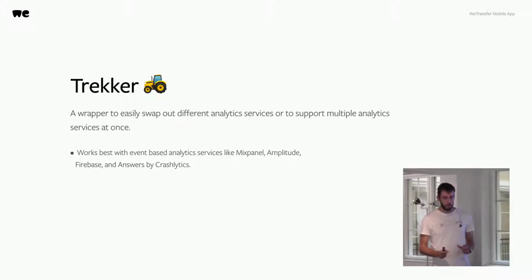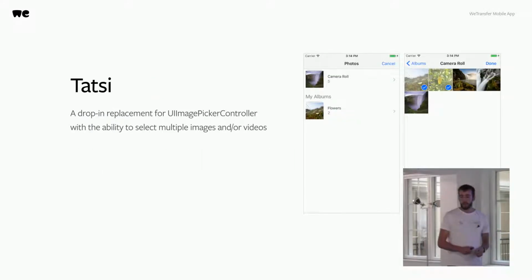We've got Tracker, which is a wrapper around several service layers for tracking. This makes it really easy to opt in or opt out tracking layers. And we use it to track through one entrance and pass it through to Fabric and to Firebase. And last but not least is Tatsi.